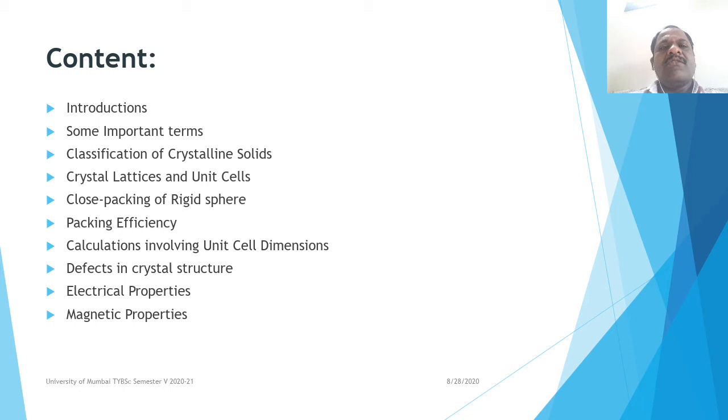So what is the content of this chapter? In this chapter we are going to see some introductory part of solid state chemistry, some important terms, classification of crystalline solids, crystal lattice and unit cell, close packing of rigid spheres, packing efficiency, as well as some calculations for density of unit cell, then defects in crystal structures and its magnetic and electrical properties.